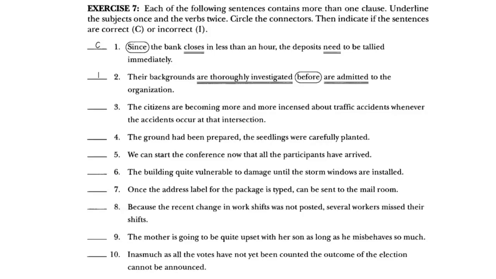Number 5 is correct. Number 6, incorrect. It is missing a verb, which could be "the building is". Number 7, incorrect. It is missing the subject, which could be "it can be sent". Number 8, correct. Number 9, correct. Number 10, incorrect. It is missing a comma.